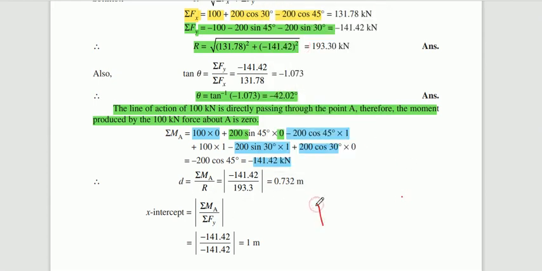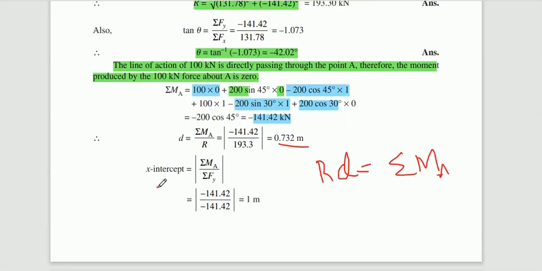The moment due to the resultant, where the resultant is a force and the perpendicular distance is d, according to Varignon's theorem, is equal to the moment due to all the forces about point A. Thereby you find out the distance.